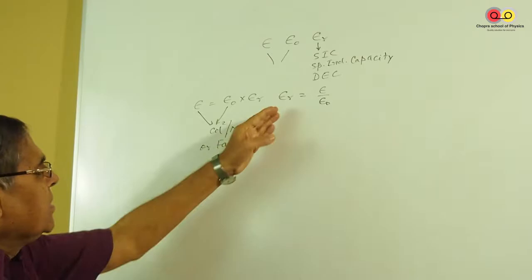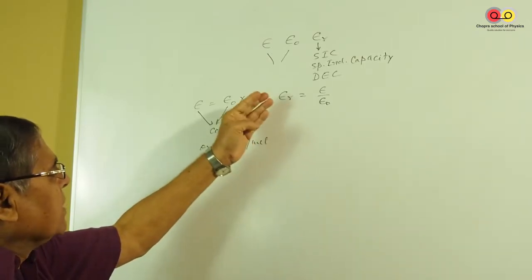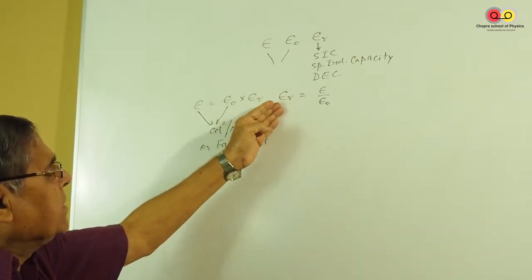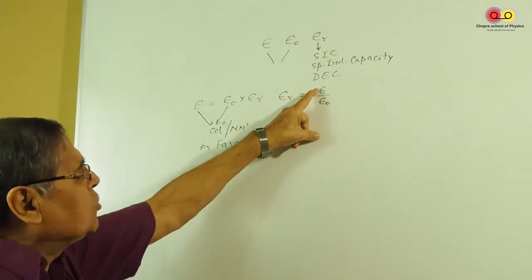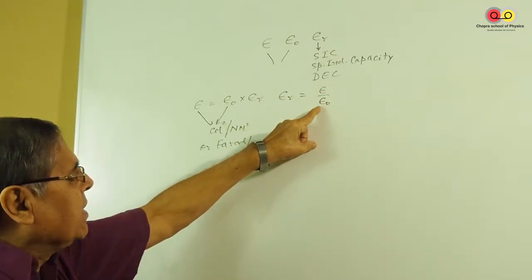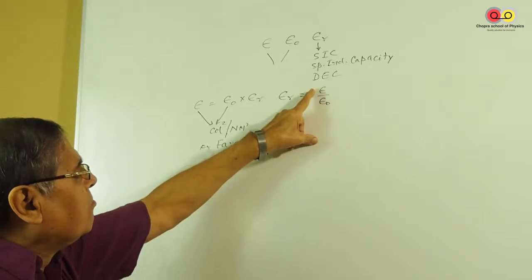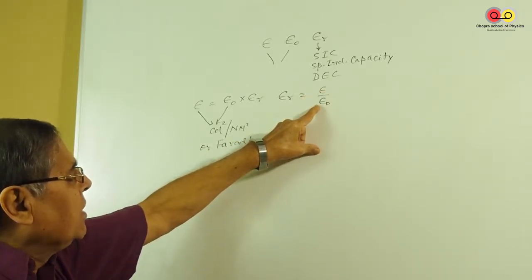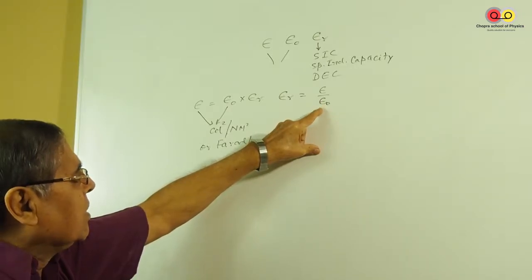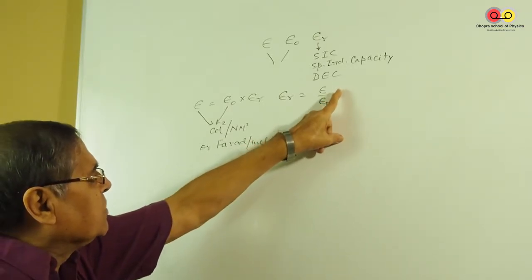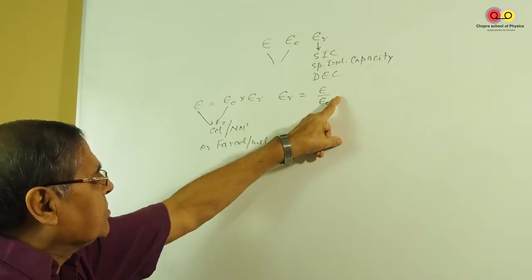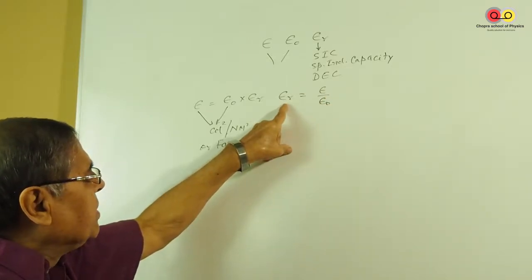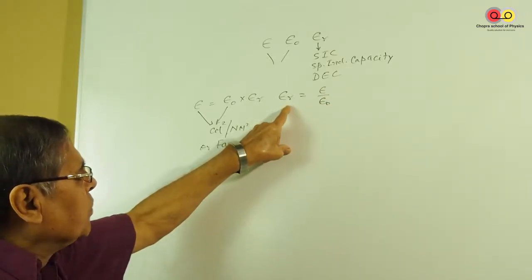So what is dielectric constant? The relative permittivity or dielectric constant is the ratio of permittivity and absolute permittivity. Whatever is the unit of permittivity, the same is the unit for absolute permittivity. Therefore, if we compute, the units will cancel off, and relative permittivity has no units.